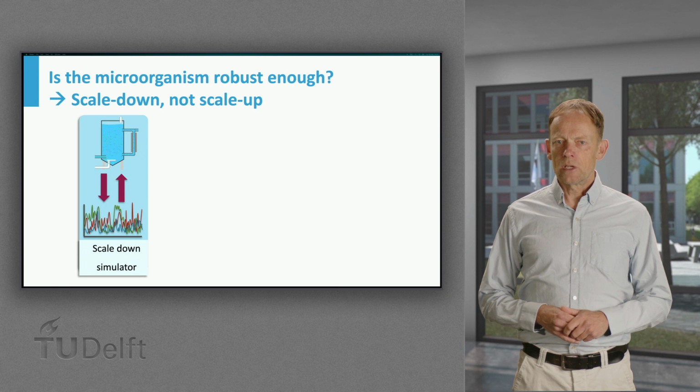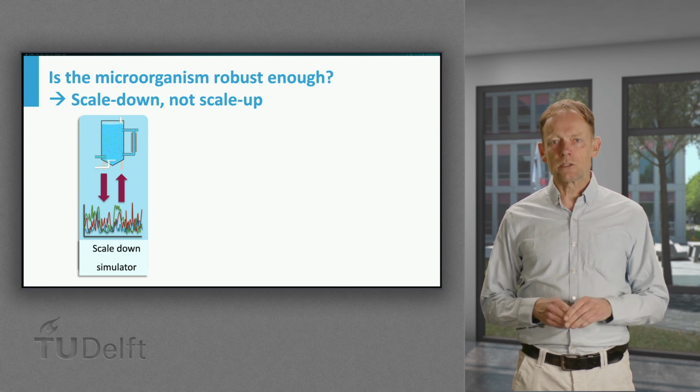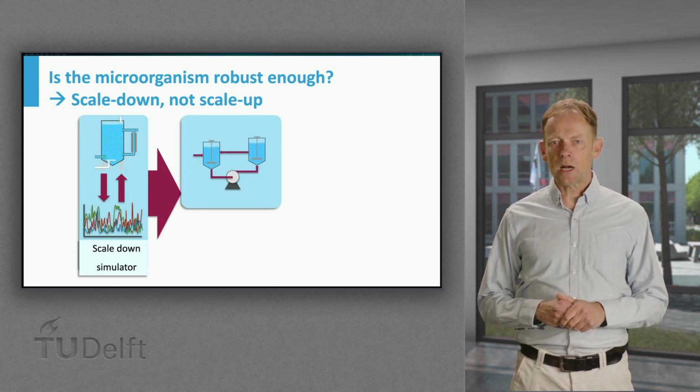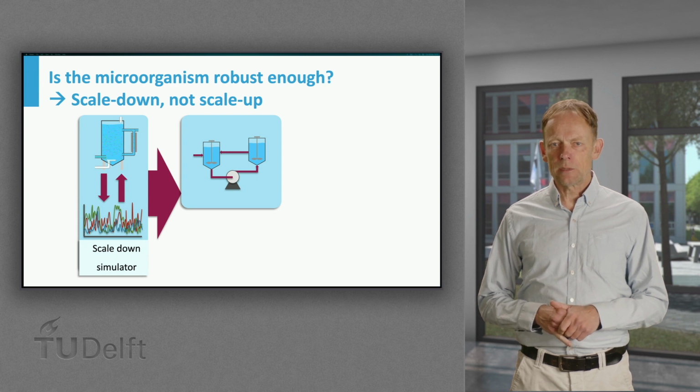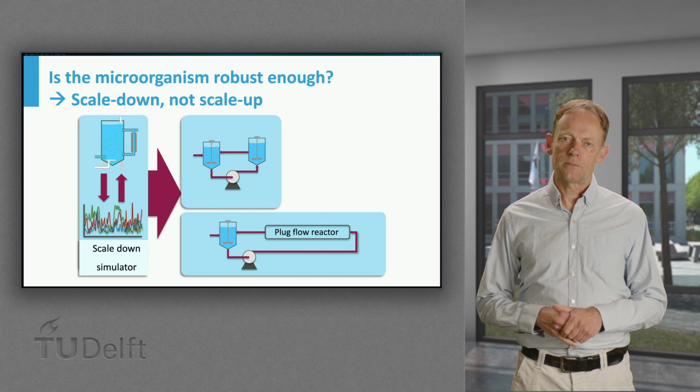Various scale-down simulators have been proposed and tested in the labs. Roughly, there are two categories. First, 2 or 3 interconnected compartments with broth recirculation and feeding or aeration in only one of the compartments. The units can be stir tanks or plug flow reactors, often with some axial dispersion.